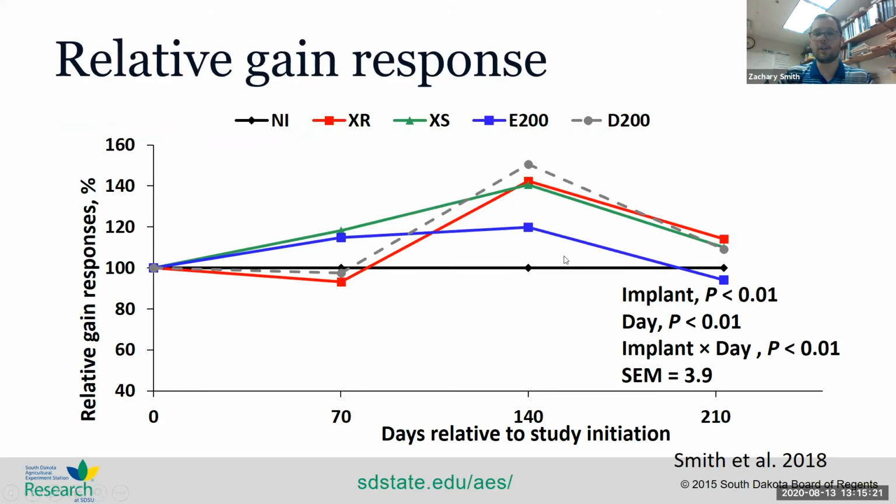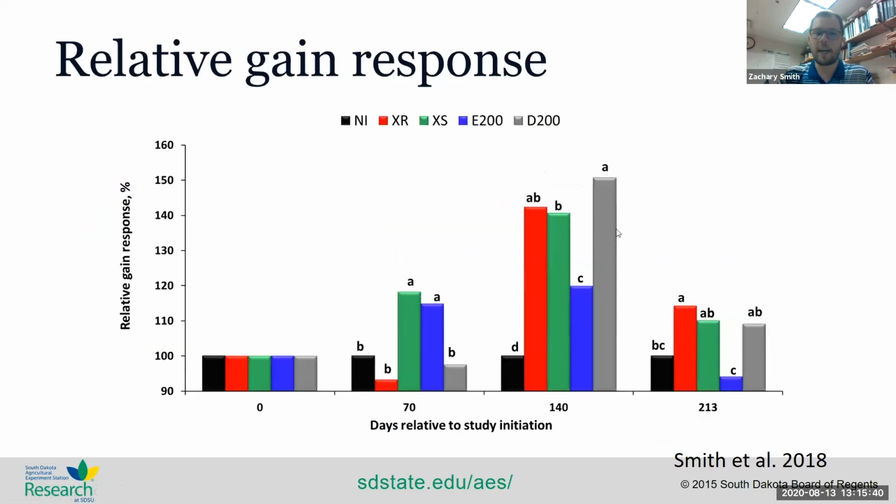And so as cattle increase days on feed, the relative gain response to a non-implanted animal becomes greater. And so we think about needing the most anabolic punch later in the feeding phase when cattle are fatter. That's where this whole idea in regards to relative gain response is very important.